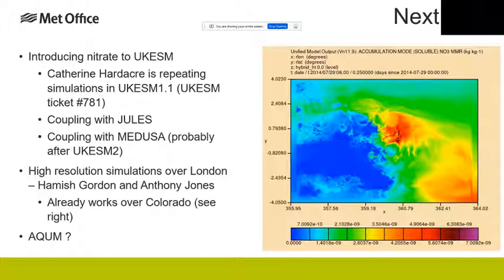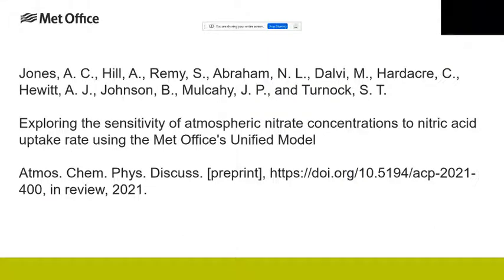The other thing that might be interesting is to try and get GLOMAP-mode aerosols into AQUM or its successor, and the addition of a nitrate scheme is going to be really important for that. So this has been written up into a paper which is in ACPD, and I welcome any comments and questions.